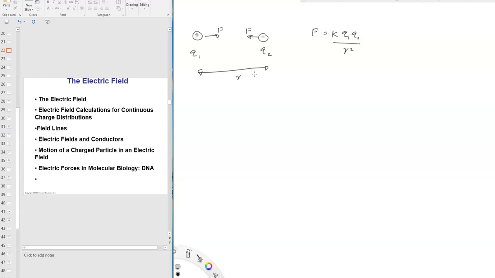Because the forces everybody was used to were contact forces. For example, let's say you have a box here and you want to move it. If you want to apply a force and move it, you have to be in contact with it, right? So you're applying a force like this. There's a physical contact between the object and the force.